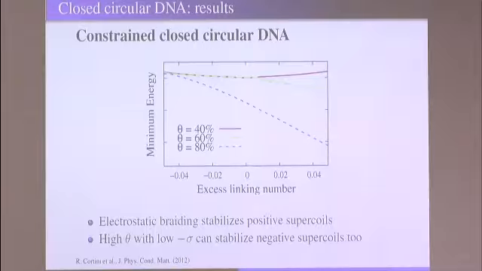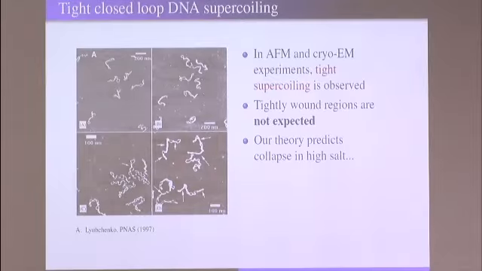So we looked back at the literature and found that there is evidence for tight supercoiling, particularly in the case of cryo-EM images taken in the group of Andrei Stasiak, and AFM images which were taken in the group of Lyubchenko.